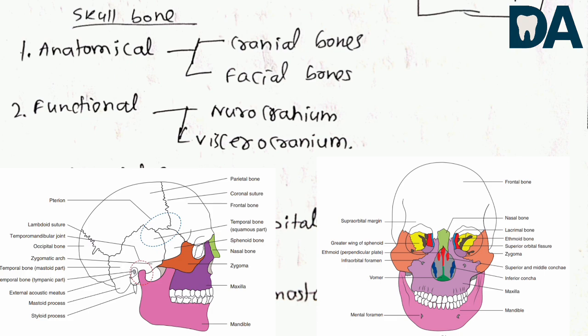Neurocranium. It is the bony covering of the brain and related structures, and consists of 8 bones, namely the frontal bone, parietal bone, occipital bone, the sphenoid bone, the ethmoid bone, and part of the temporal bone.